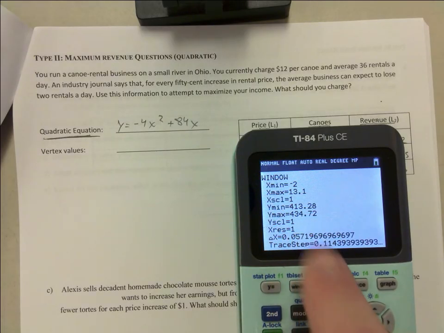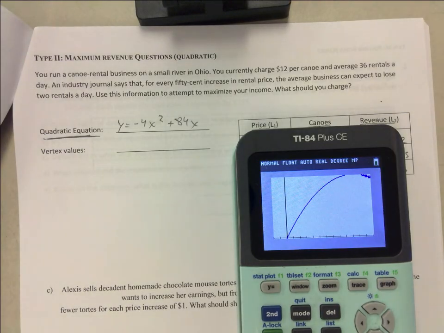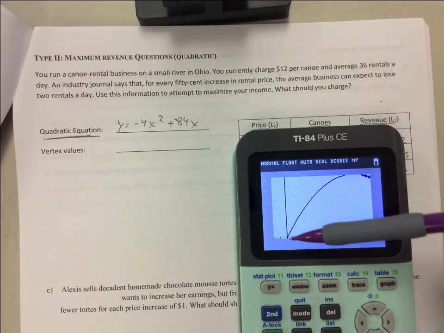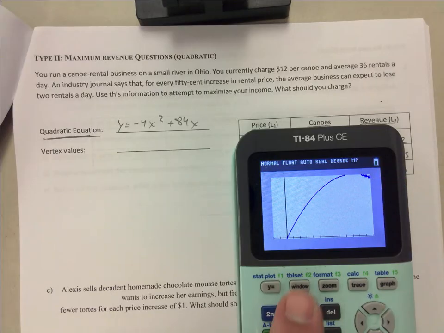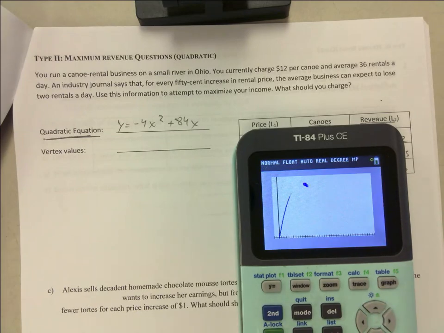Because the max is so big. Changing the x min and the y min to a negative, now I see the axes, so now I'm going to chase the curve on the right side, x max and y max. Y max, I'm going to go 500. X max, I think I'm going to double or triple it. Let's go 40 for the X max. And there you go. You have your window.